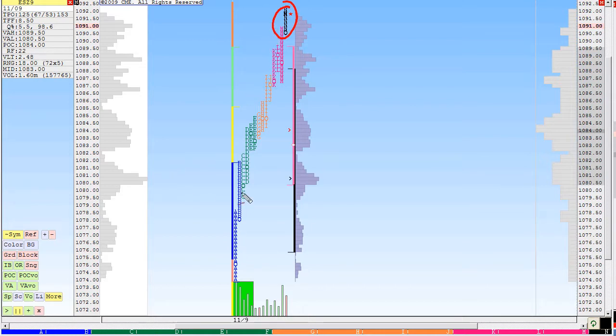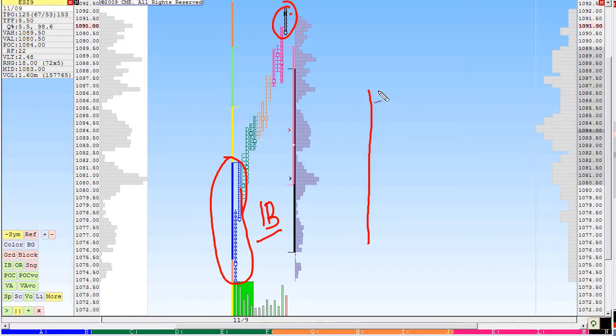So you can see here the first two sets of TPOs, which is here. This is the initial balance, okay, the IB. Now the IB is what is supposed to form the base to the normal distribution.